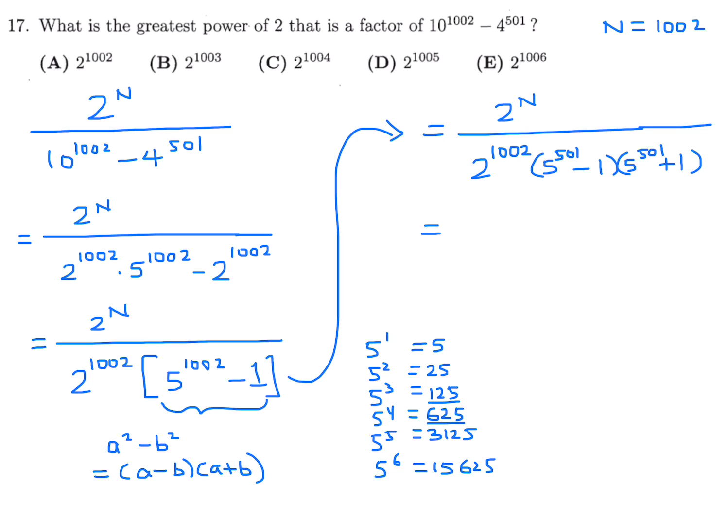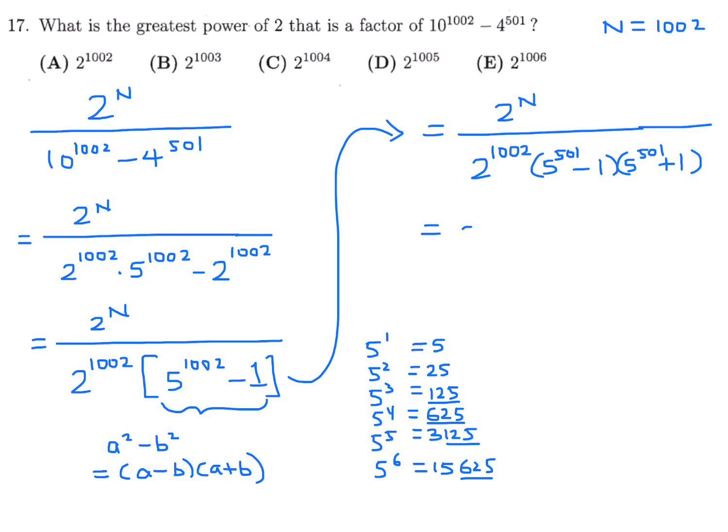So the last 3 digits always alternate. It's either 125 or 625, 125, 625, like that. When the exponent is odd, it will be 125, and when the exponent is even, the last 3 digits will be 625. 501 is odd, so the last 3 digits of 5 to the power of 501 will be 125.